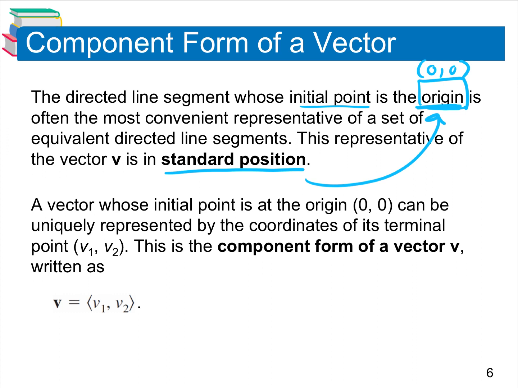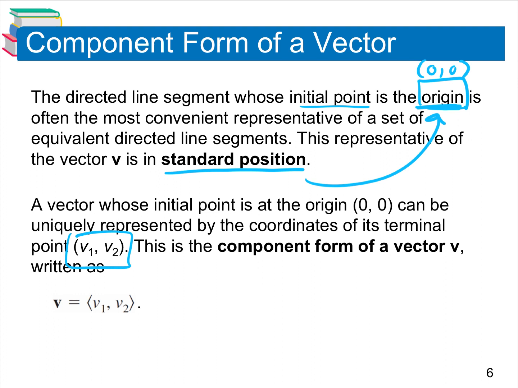So if we go back to the last page, was one of our vectors initial point at the origin? Which one? Vector u. So that would be in standard position. So a vector whose initial point is at the origin can be uniquely represented by coordinates of its terminal point, v1, v2.